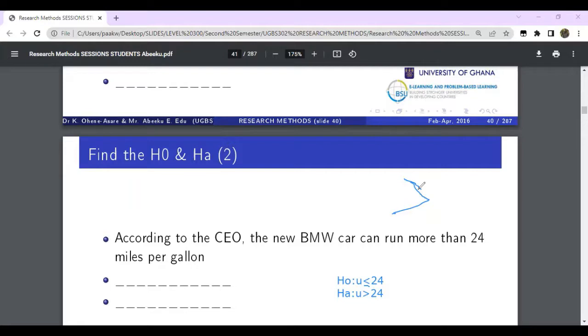And it is always the opposite of H0. So if this one is greater than 24, then H0 will be the other way around, less than or equal to. Okay, yes, understood. Thank you. So the formulation will be H0: mu is less than or equal to 24 miles, and then HA: mu is more than 24 miles. Greater than 24. Precisely. Very important.